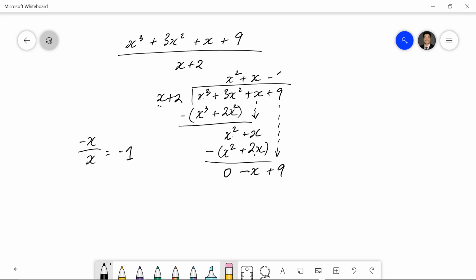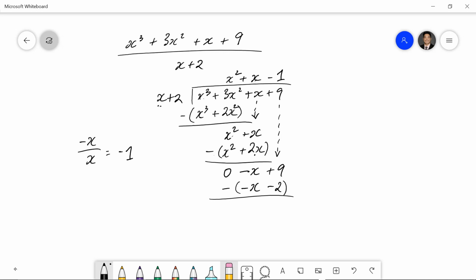So we want to put a negative 1 at the end there and multiply it across. So 1 times x, minus 1 times x is minus x, and then minus 1 times 2 is minus 2. And we're going to subtract that.